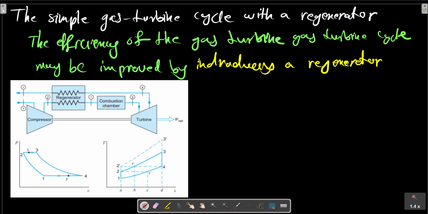And the corresponding ideal air standard cycle with a regenerator is shown on the PV and TS diagram.